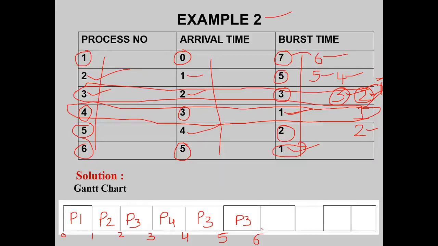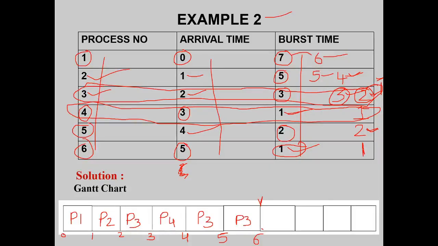Now check which process has come at unit 6. At unit 6, there are no further processes which have arrived. So you need to check the burst time of the processes which have already arrived. Process P1 has 6, process P2 has 4 burst time, process P5 has 2 burst time, and process P6 has 1 burst time.